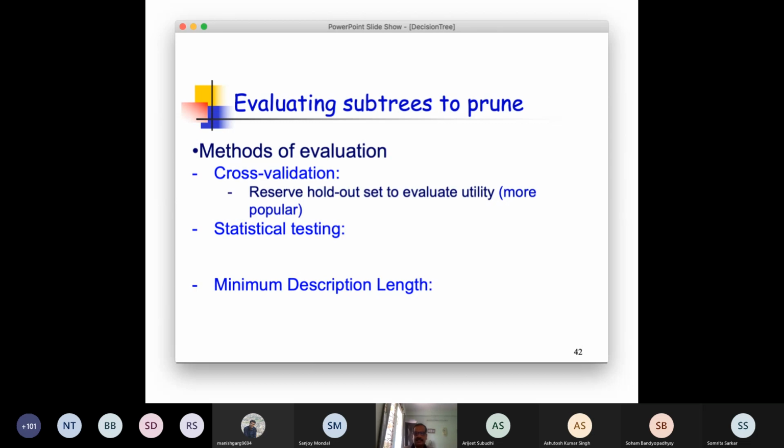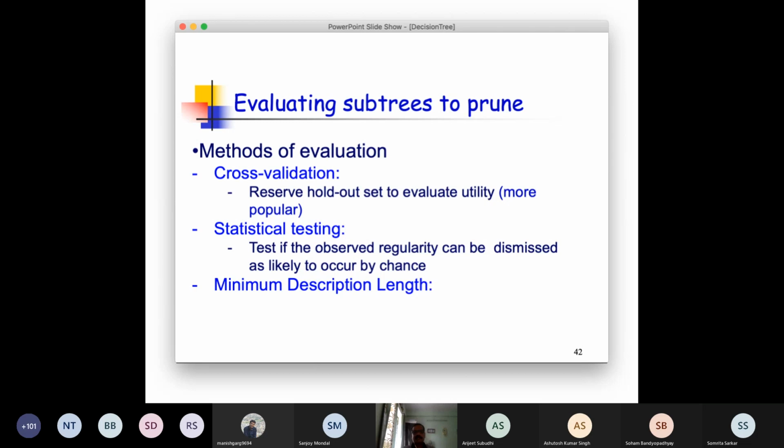Over the training set, you grow the tree and fit the tree with respect to that training set only. After that, you are recursively, or greedily, pruning the intermediate nodes of the tree by checking whether your error on the validation set is lowering. You go on doing this, and then you will get the tree. And there you can consider which node is your choice for pruning. That is one thing you should consider.